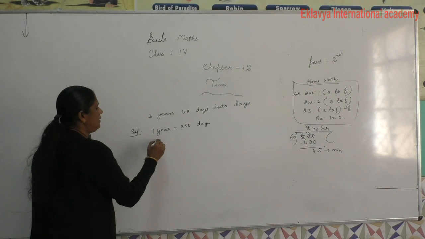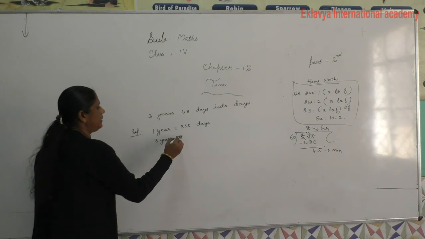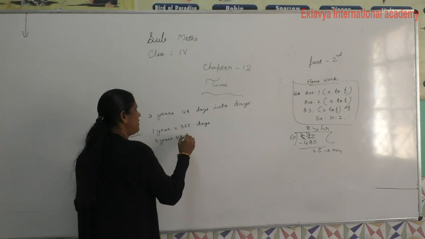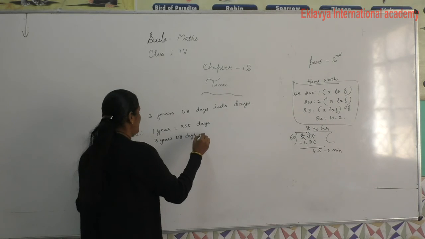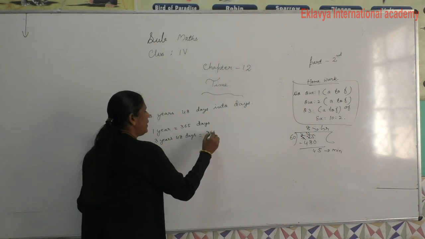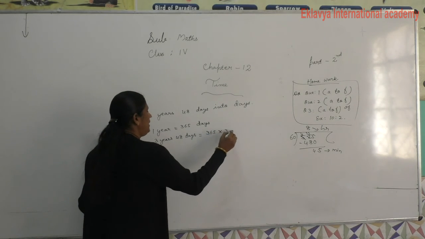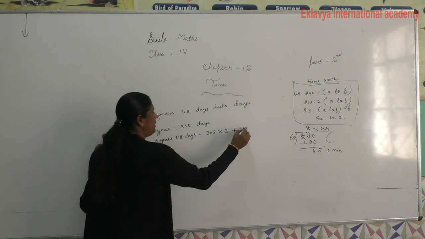Then 3 years 48 days is equal to 365 multiplied by 3 plus 48.